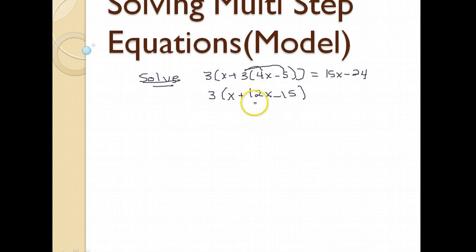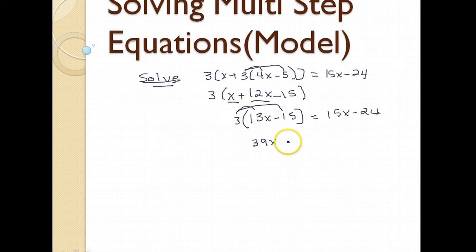Okay, so combine like terms. So this is 13x minus 15, times 3, equals 15x minus 24. Distribute again. 39x minus 45 equals 15x minus 24. Subtract 15x on both sides to solve.